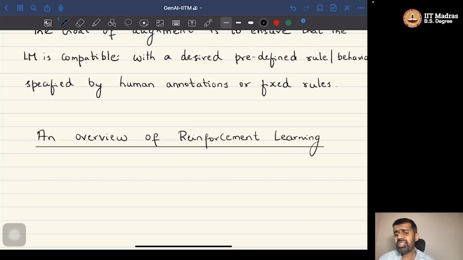Now, there are three broad paradigms of making statistical models learn. One is the supervised learning paradigm, where the kind of data that we have is some data and the corresponding label, and the goal is to ensure that the model learns a posterior distribution of labels conditioned on data.